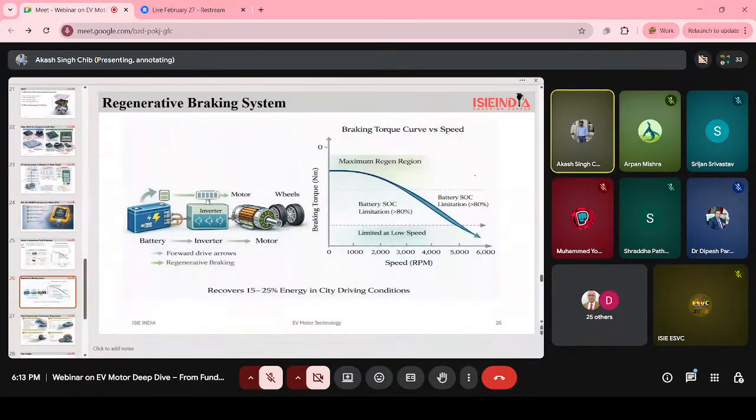Okay. Now this is our regenerative braking system, and how this regenerative braking helps us increase the efficiency of a motor vehicle. In a normal system, you can see the energy we are getting from the battery goes to the inverter, then inverter to motor, and the motor directly sends power to the wheels.